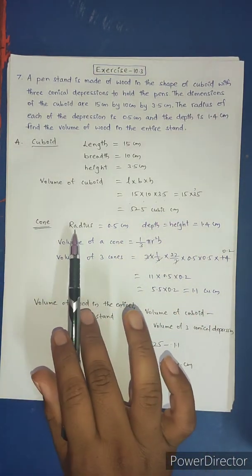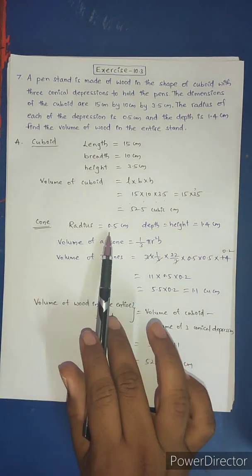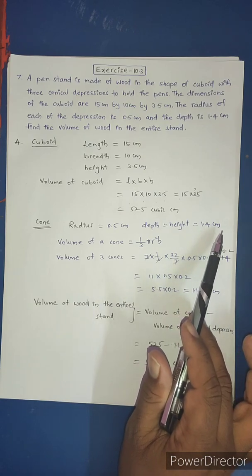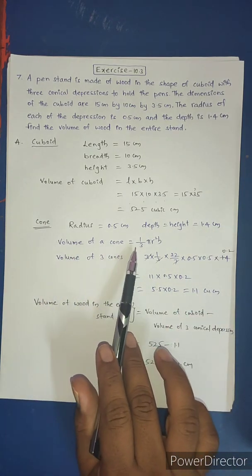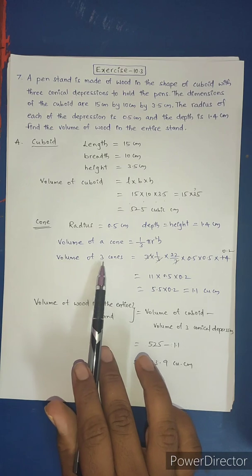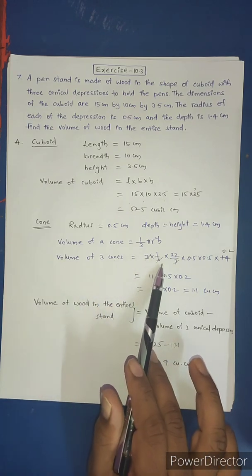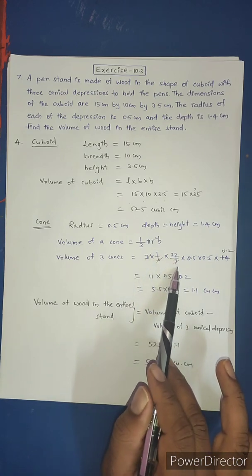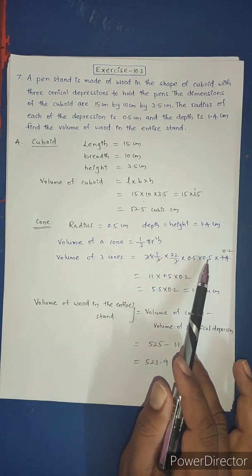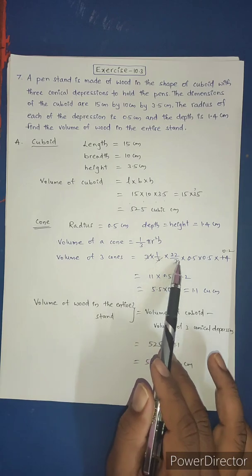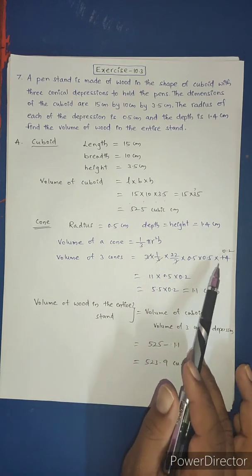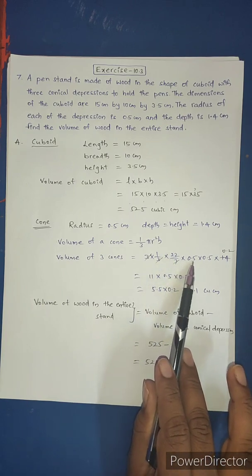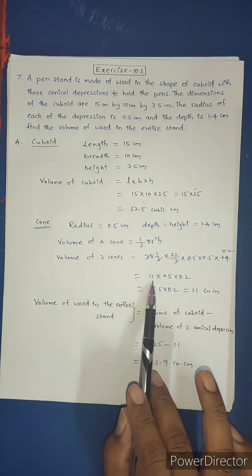Now the cone. Radius of each conical depression is 0.5 centimeter. Depth or height is equal to 1.4 centimeter. Volume of a cone is 1/3 pi r square h. Volume of 3 cones is 3 into 1/3 pi r square h. 3 into 1/3, pi value 22/7, into 0.5, 0.5, into 1.4. 7 1 is 7, 7 0.2s are 1.4. 3 gets cancelled. Now 0.5s are 22 times, which means 11.